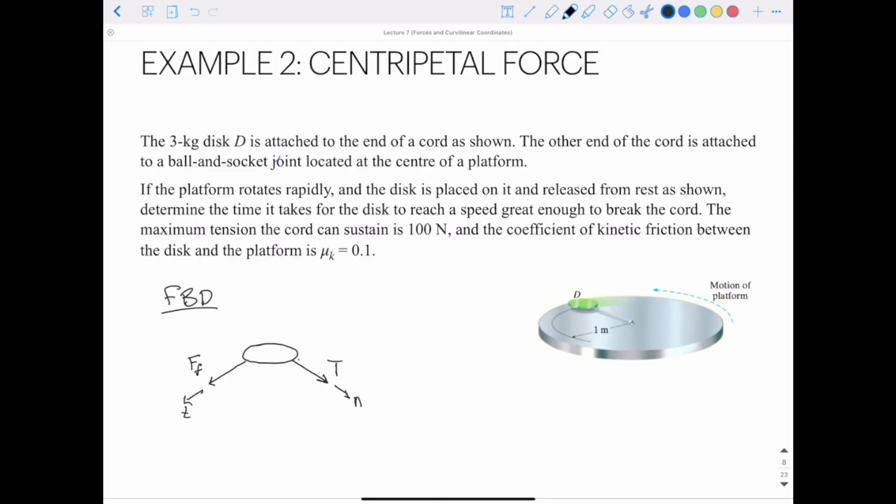We have a normal force acting upwards, and we have a force of gravity, which is the weight, acting downwards. And this would be our B direction.